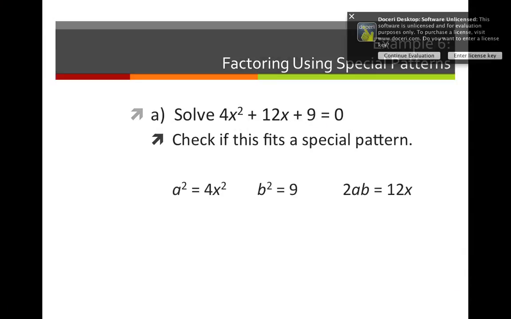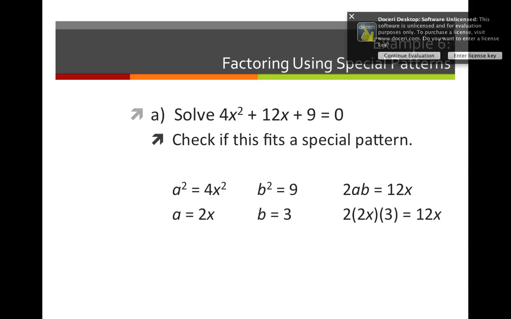So, if we consider that the 4x squared is like the a squared in our pattern, and the 9 is like the b squared in our pattern, then the 12x should represent the 2 times a times b from our pattern. And we need to check to see if that really works.